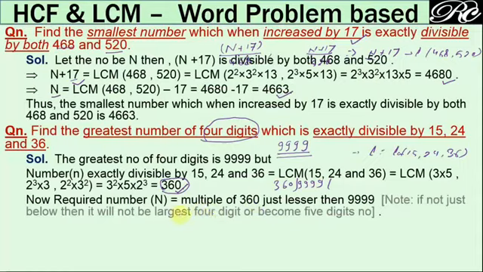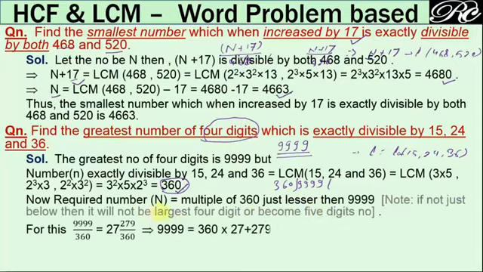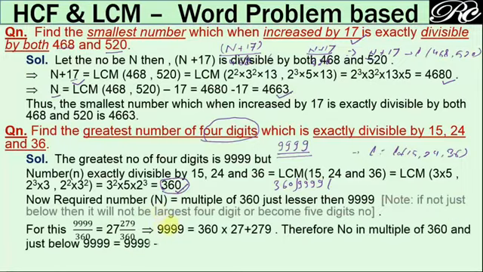So the required number n is the multiple of 360 just lesser than 9999. So let us divide 9999 by 360. We will get 27 as the quotient and 279 as remainder.